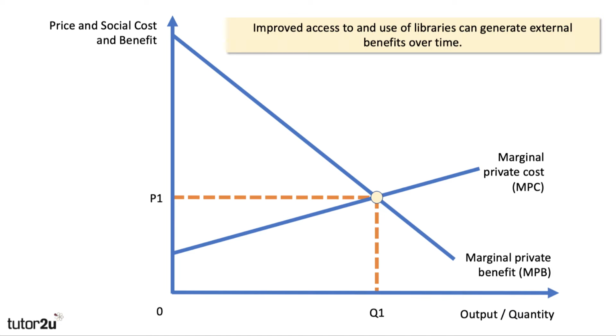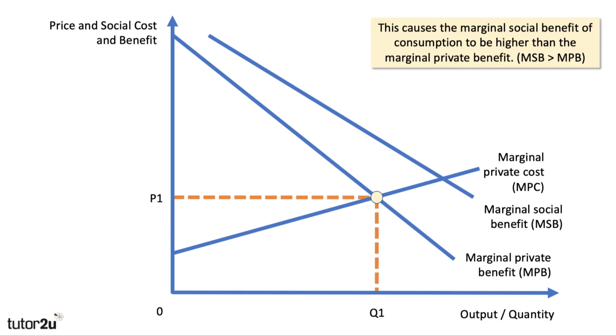And take a moment to think about what those external benefits can be in terms of building, for example, cultural capital, in terms of building community spirit and what have you. So in a case of positive externalities from consumption, that causes the marginal social benefit to be higher than the marginal private benefit.